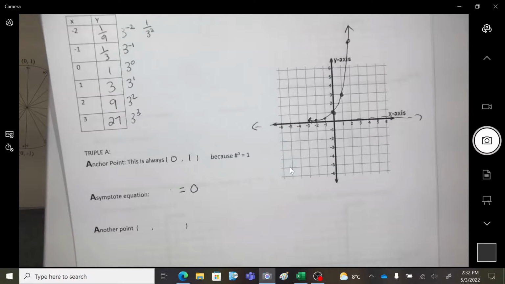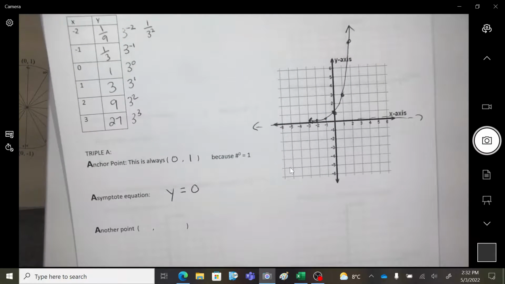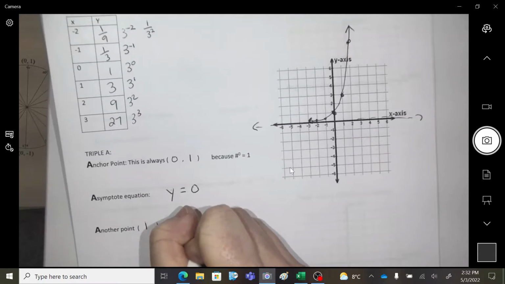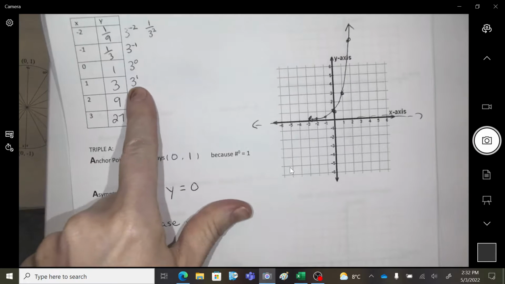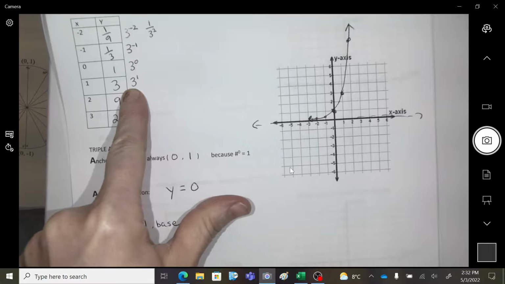What is always 0 on that line? The x or the y? Y. Y is flat at 0. And you're always going to have another point, 1 comma base. As in here, if I put the exponent of 1, the result is the same as my base was.